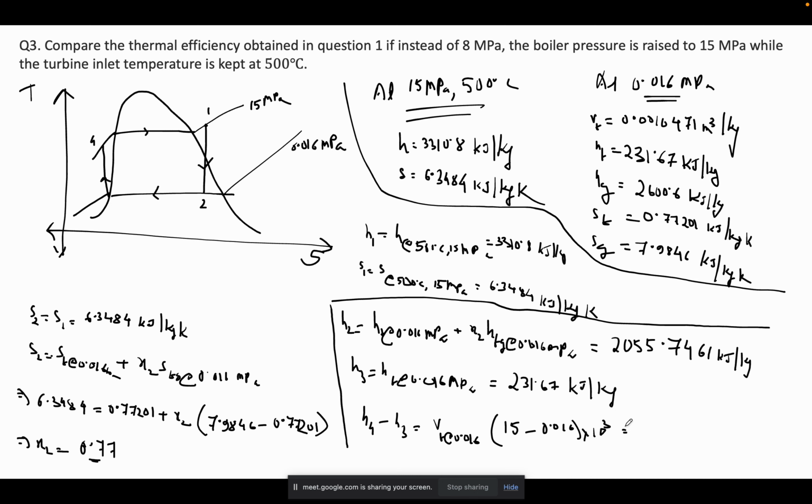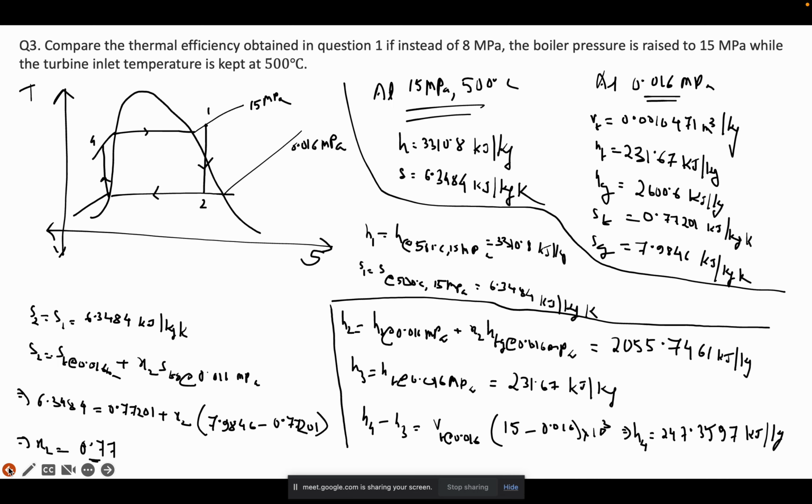Okay, so from here I got H4 equal to 0.0010471 into (15 minus 0.016) into 1000, plus 231.67, which is 247.3597 kilojoule per kg. Okay, I've got H1, I've got H2, I've got H3, and I've got H4.